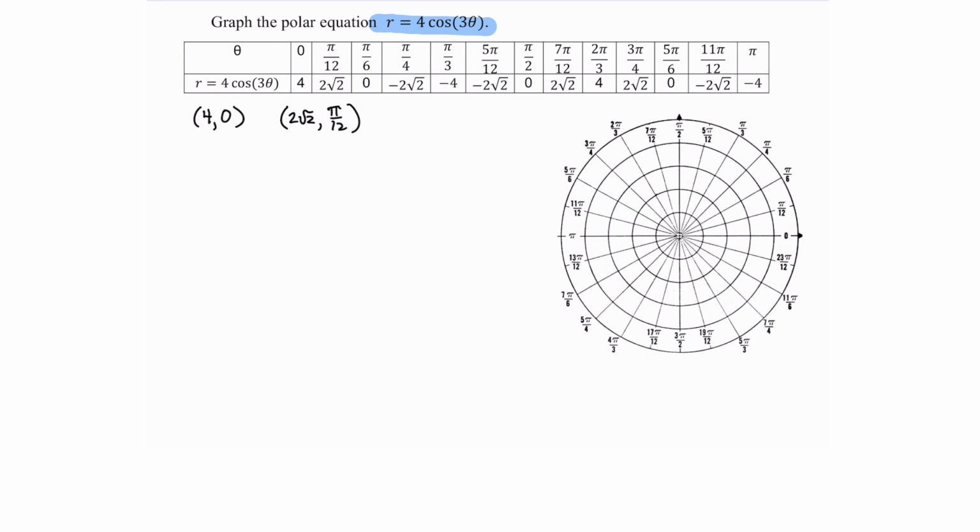But we want to focus on graphing these points and then drawing the graph of our polar equation. So remember, when we're graphing the polar coordinates, even though the polar coordinates are listed r comma theta, we think about turning towards the theta first and then walking out the r.